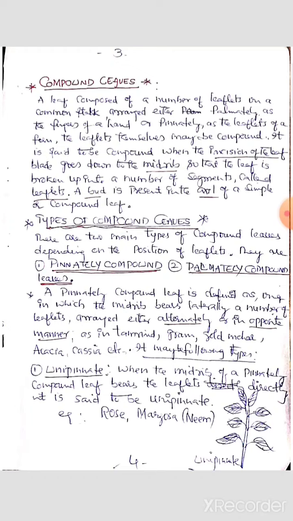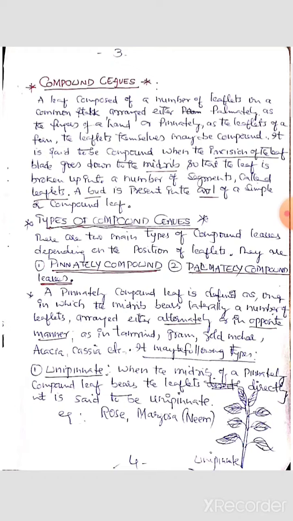In the pinnately compound leaves, again there are different types. What we call as unipinnate. Unipinnate, only single pinna. When the midrib of a pinnately compound leaf bears the leaflets directly, it is said to be unipinnate.